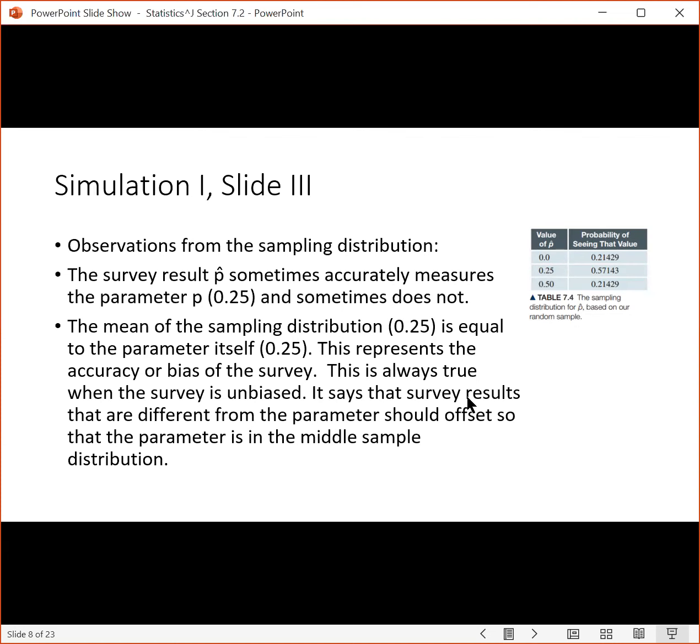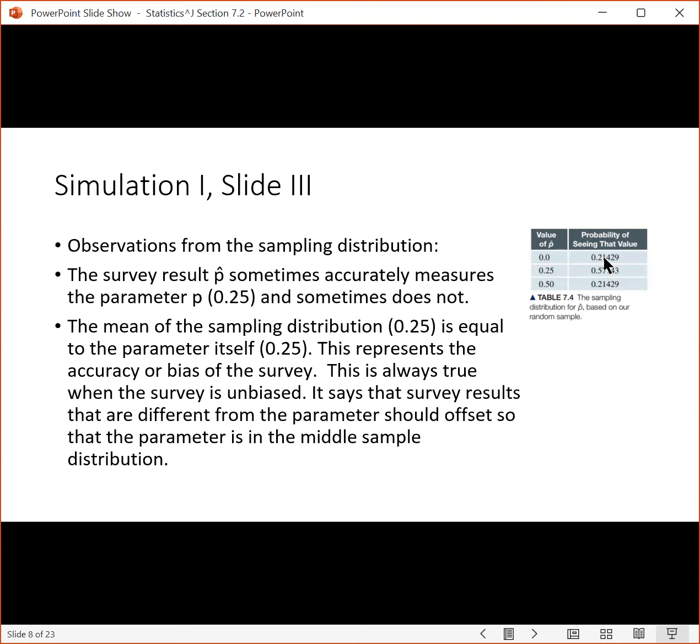All right, so what does it tell us? It says that survey results that are different from the parameter should offset so that the parameter is in the middle of the sampling distribution. So notice that sometimes our survey does end up nailing the population parameter. When it doesn't, that's when we get 0, that's 21%, and when we get 0.5, that's 21%.